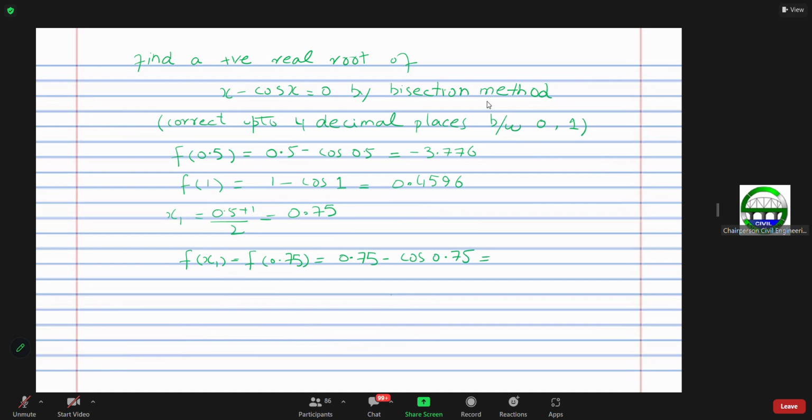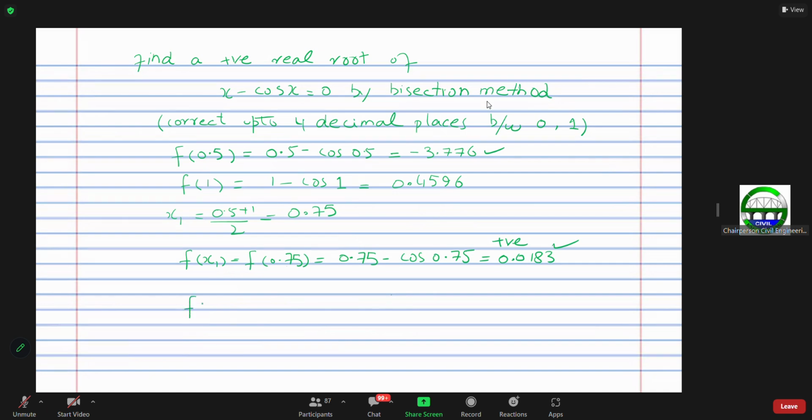It is equal to 0.0183. This is positive, right? And where is our negative? This one. So our root will lie between 0.75 and 0.5.